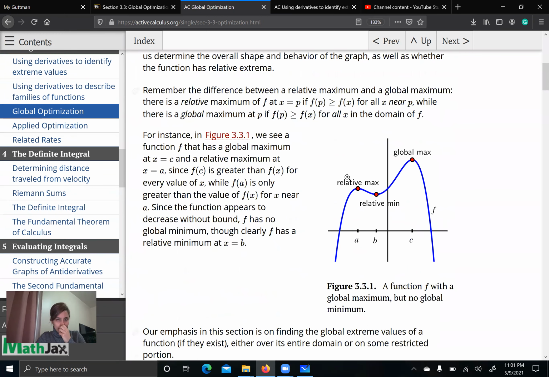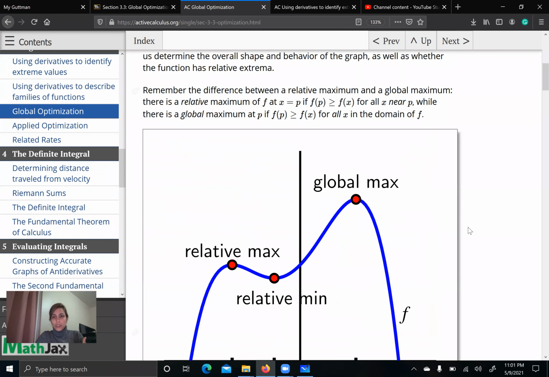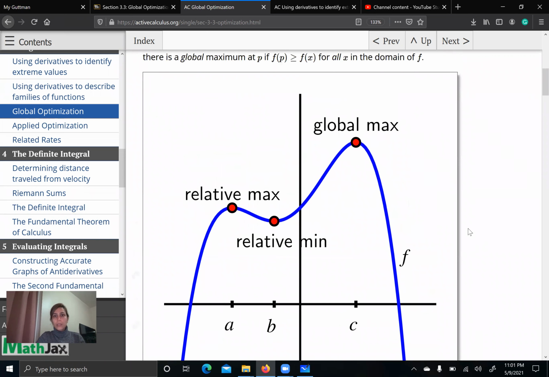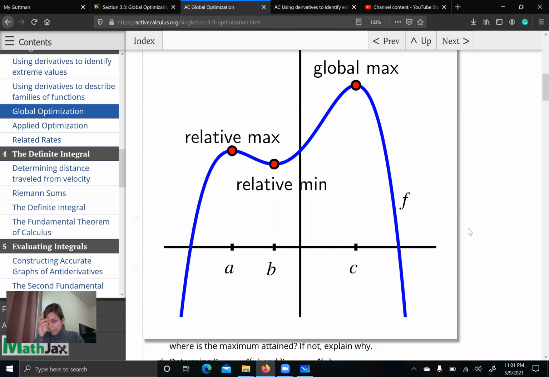So let's do that. In this picture, you see the graph of function f, and you see that for input value c, the output has the highest height. That's the greatest output value, so that's going to be the global maximum, the absolute maximum.